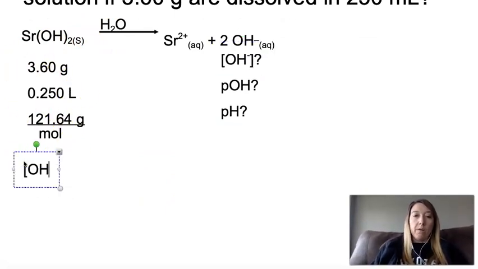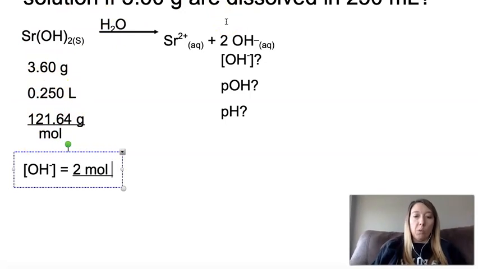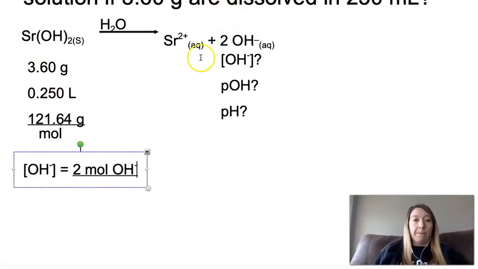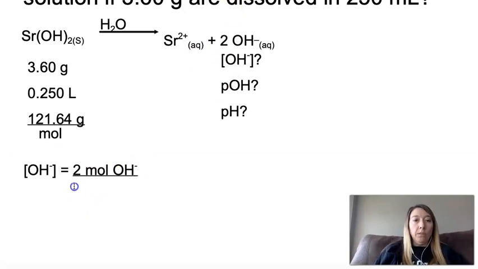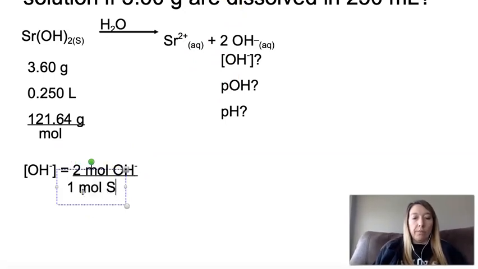So we're going to calculate the concentration of our hydroxide ion. Okay, so think about the units you want. You're going to get moles of hydroxide per liter. So again, none of this has moles of hydroxide, so we're going to start with our ratio. So we're going to do 2 moles of hydroxide, and that is going to be over 1 mole of that strontium hydroxide.